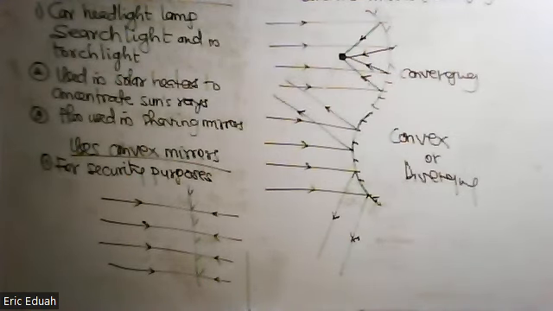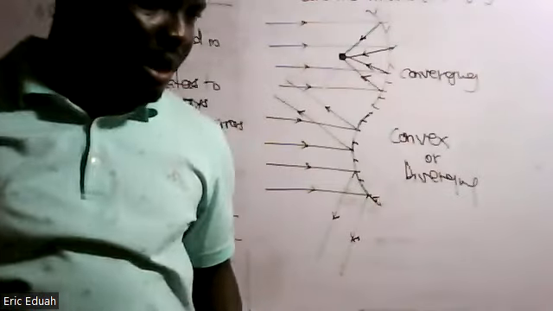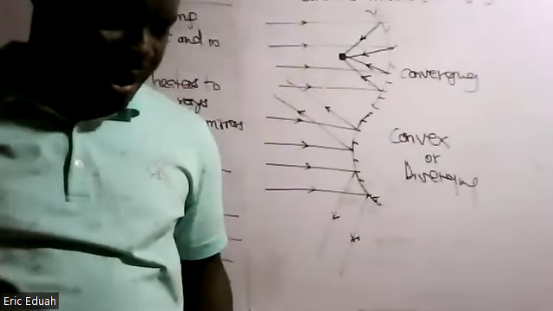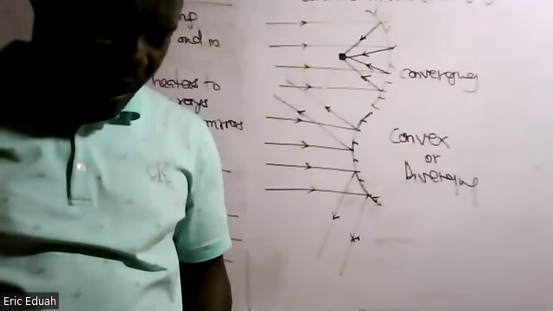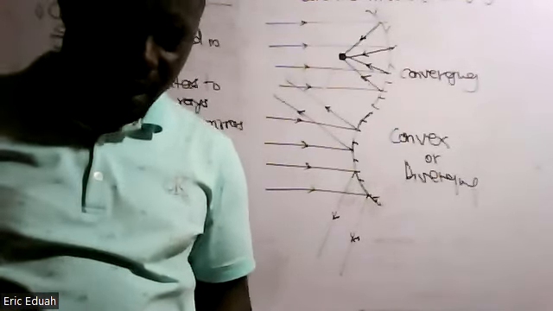So let's discuss the uses of convex mirror. For security purposes, that is very important. For security purposes, that is one, two. Please, it's utilized in ATM. Which parts of the ATM?